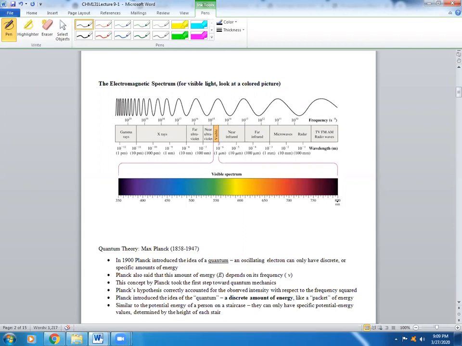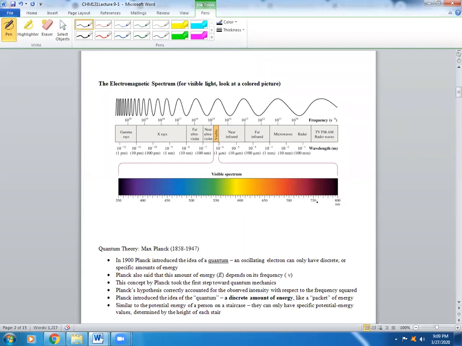And again, look at red here. It has a larger wavelength. As you move to the ultraviolet, it gets smaller. Make sure you know the visible region range.